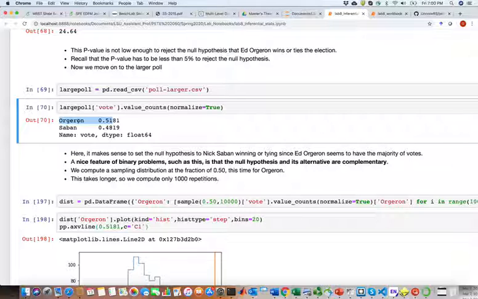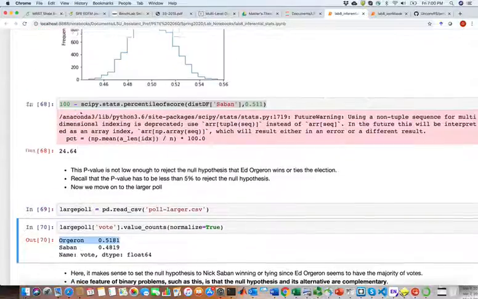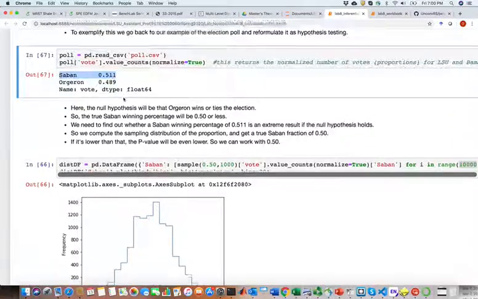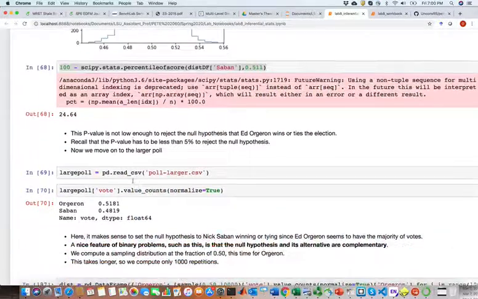So what is the null hypothesis in this case? The null hypothesis in this case is that Ed Orgeron either ties or loses, because the hypothesis is that he wins the election. So different from the smaller sample, because you didn't poll enough people, right? This had Nick Saban winning.